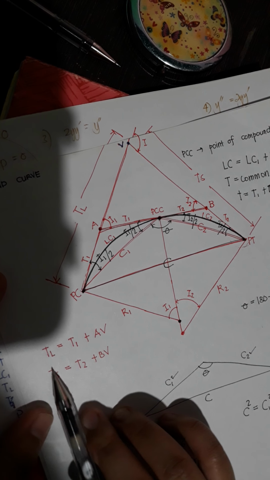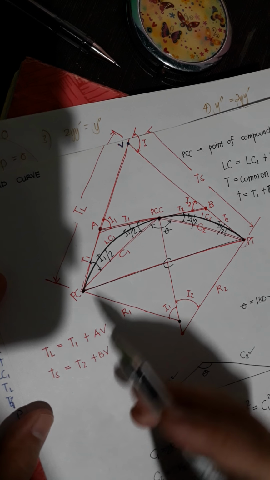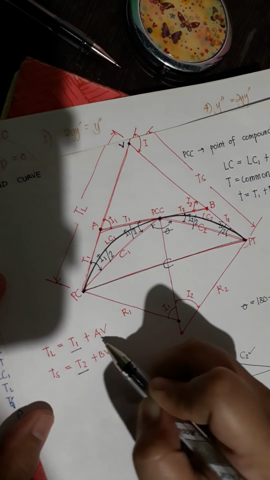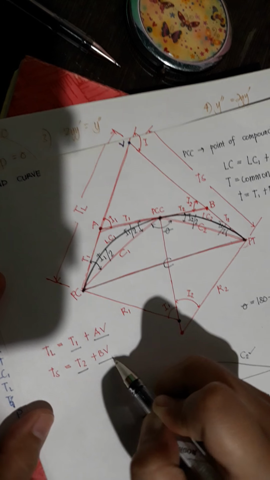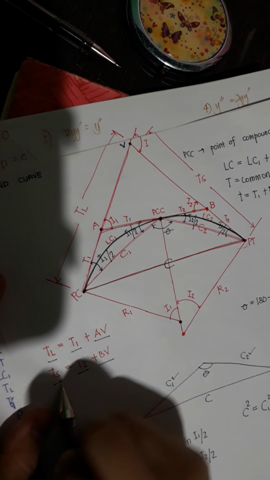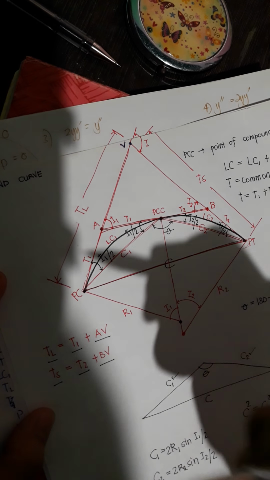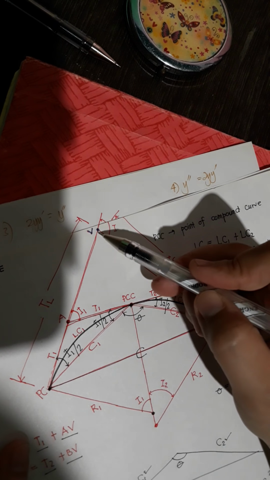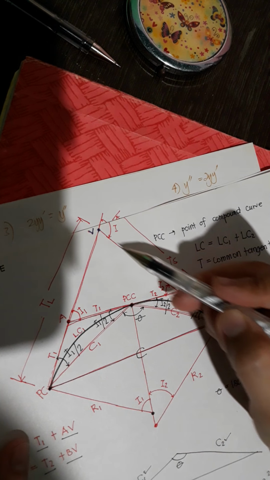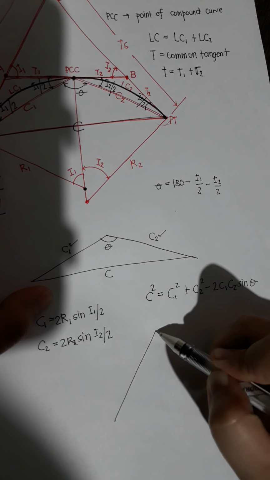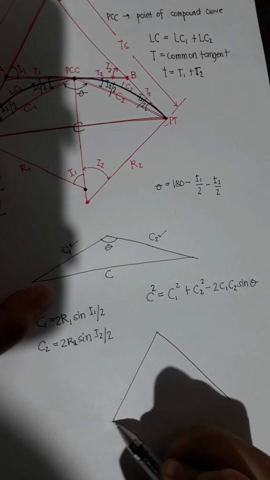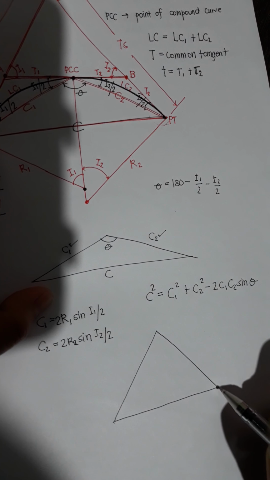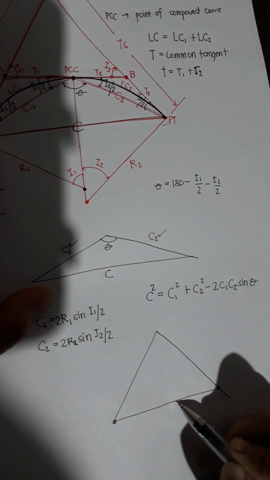Now, how do we get TL and TS? If we already have T1 and T2, we need the values of AV and BV for us to get TL and TS, the forward and backward tangents of the whole compound curve. So, how do we do that? We will consider this triangle, the AVB triangle. This is PCC right here.